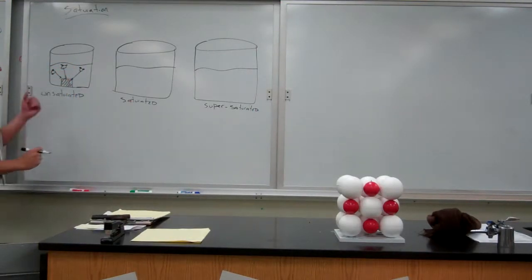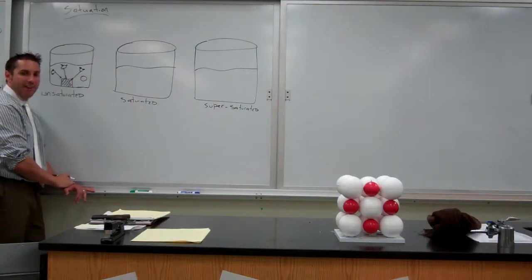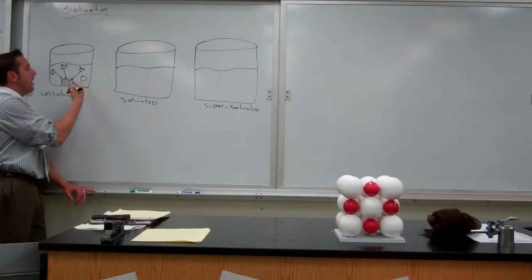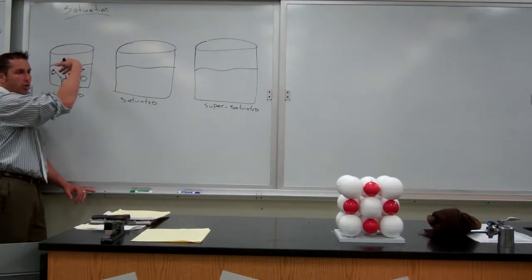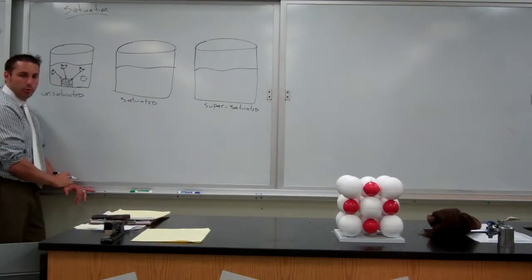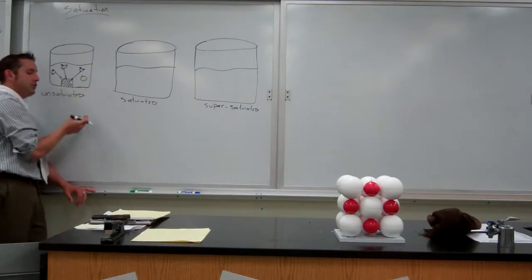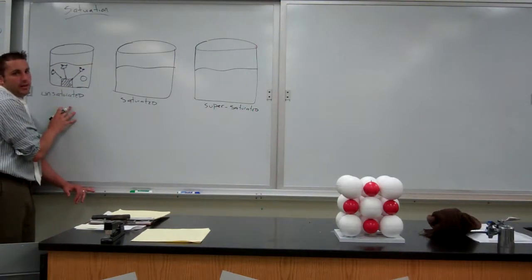So long as there are still water molecules that do not have particles attached to them, it is called unsaturated, because even if this cube were to go away, I could put more sugar or salt in and the water would be able to dissolve it. So as long as there's still enough water to continue the dissolving process, it is referred to as unsaturated.